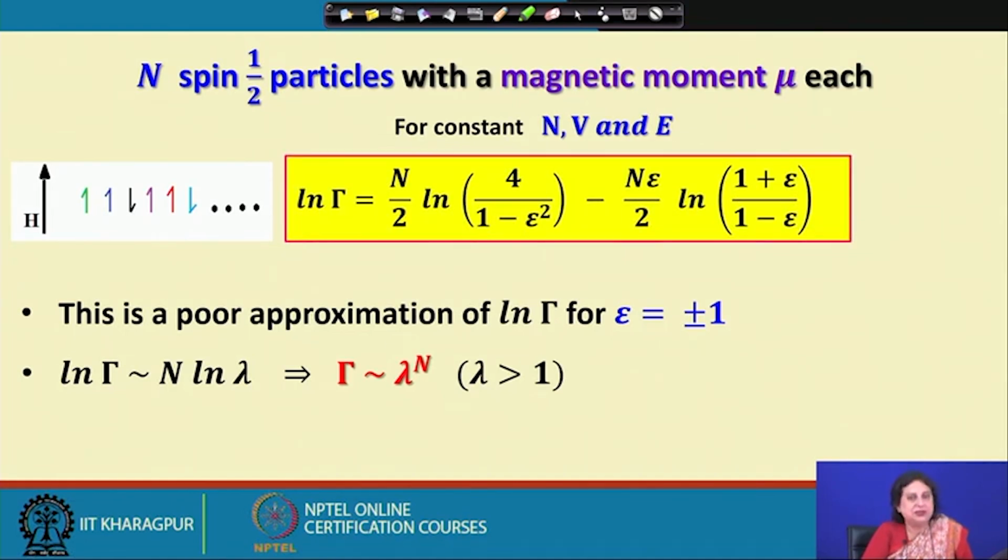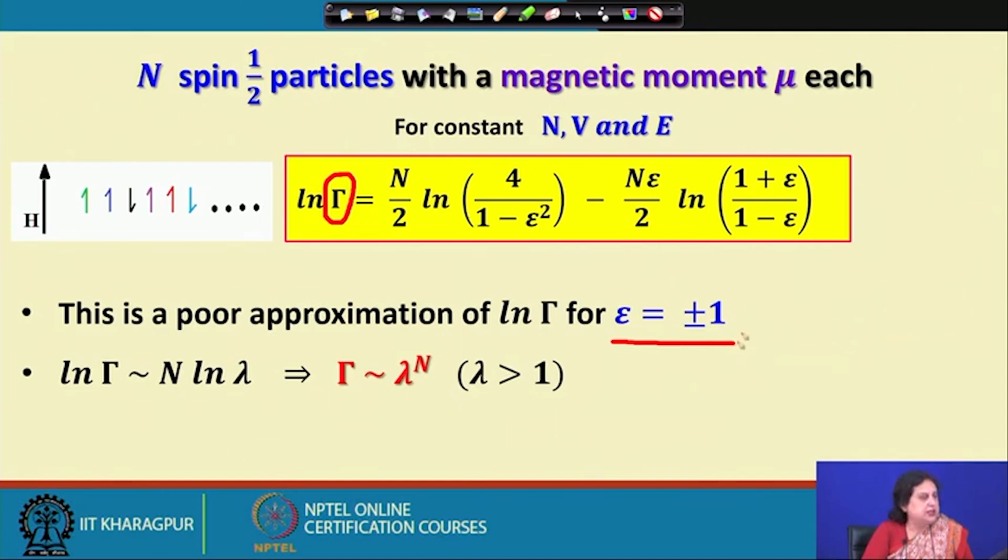Although it looks a bit cumbersome and you might think, what use is this, you also see that there is some problem as far as the mathematical property of this equation is concerned. This must be a very poor approximation for the total number of microscopic states in the case when epsilon is equal to plus minus 1.